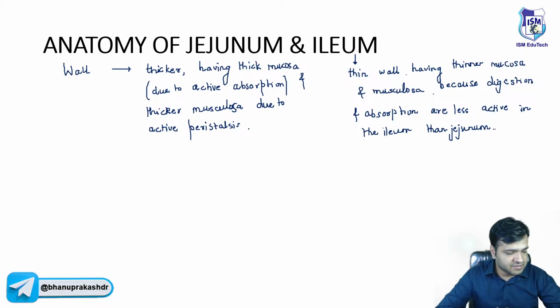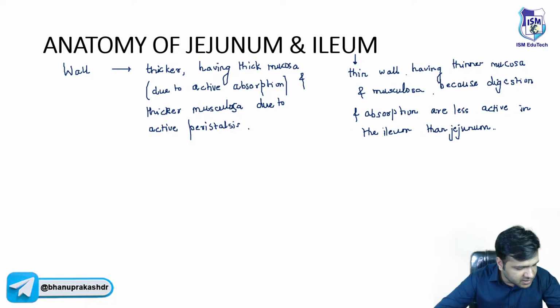So yes, the ileum is having thin wall, thin musculosa, and thin mucosa. Why? Because the absorption is less active in the ileum part as compared to jejunum. I hope this point is clear to everyone.